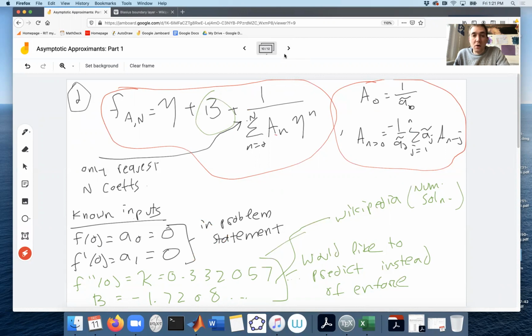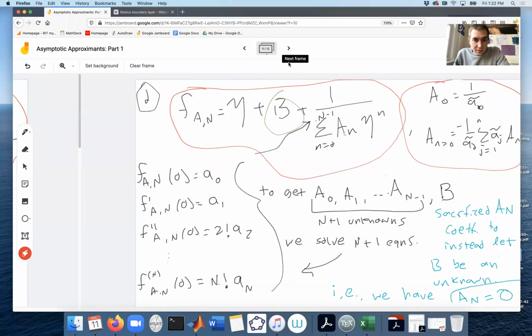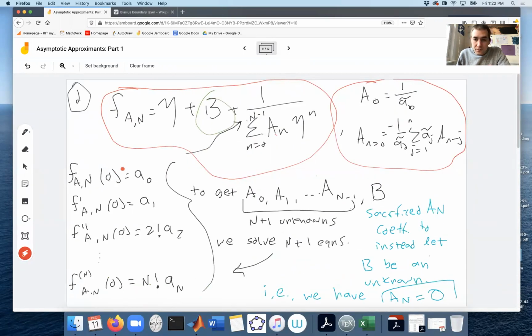So to talk about how we predict things from the approximate, such as kappa and b, it's important to remember what we're doing here when we solve for these capital A's. I already wrote some stuff here before, so sorry I'm not writing in real time. I wrote this before and then realized that I had to go back and change something. So it's already pre-written here. But to solve for the capital A's, what we're doing is we're solving this system of equations right here.